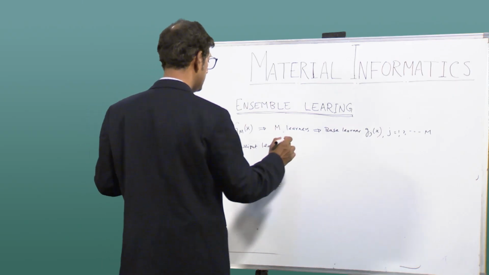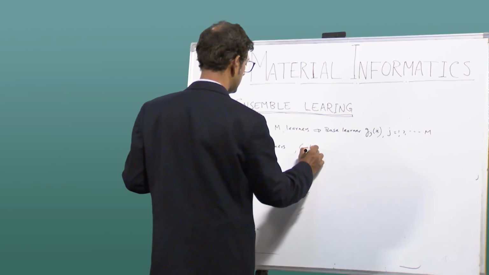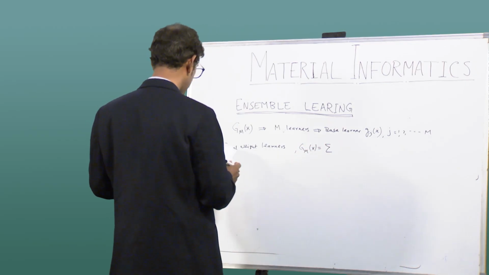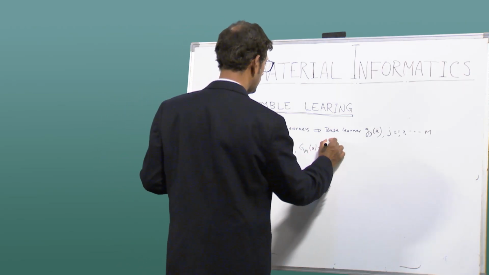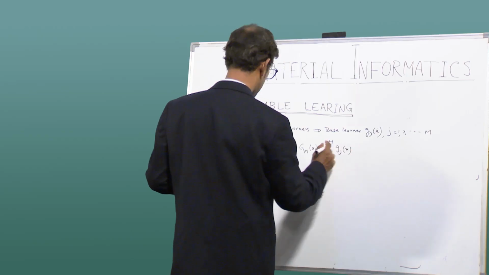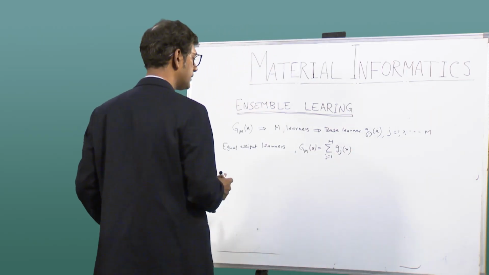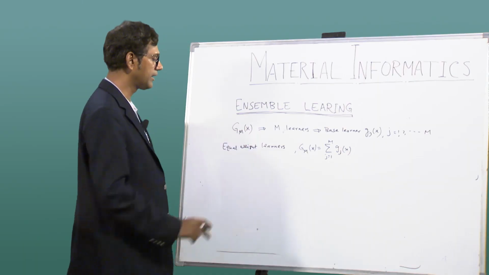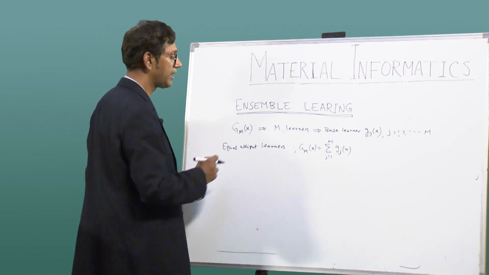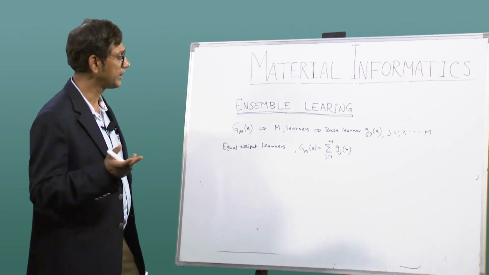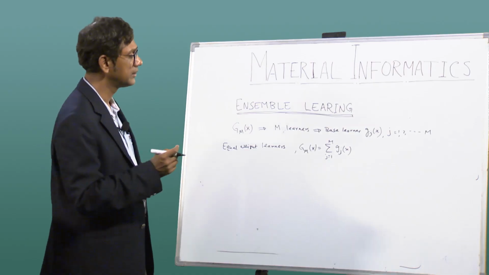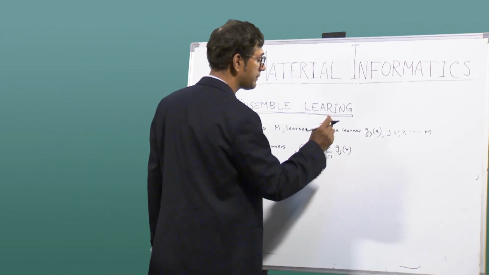Then G_M(x) is nothing but the sum over j going from 1 to M of g_j(x), right. That is what it is, because here every learner has equal weightage. Hence, every learner is equally important. So, when every learner is equally important, you simply sum over across all the learners. Okay, if these base learners are the same.